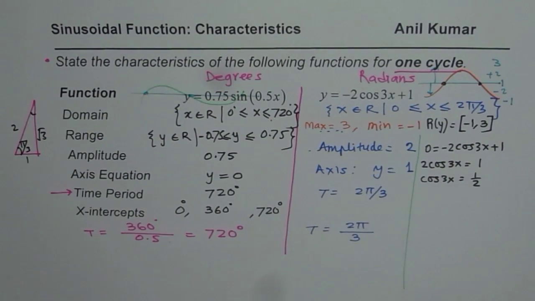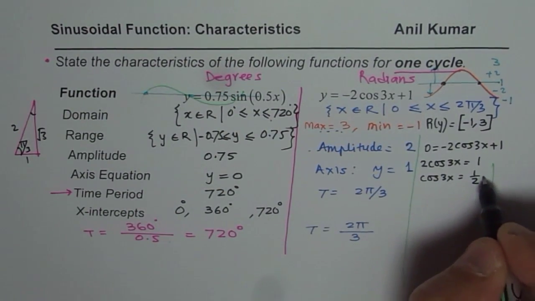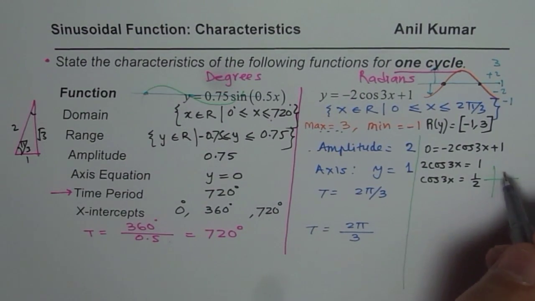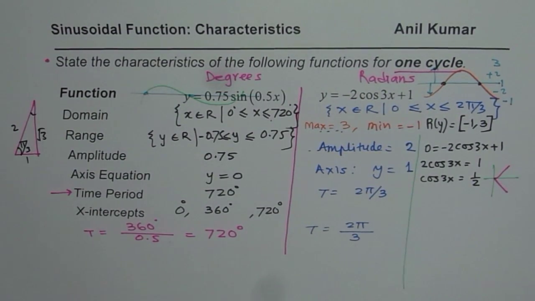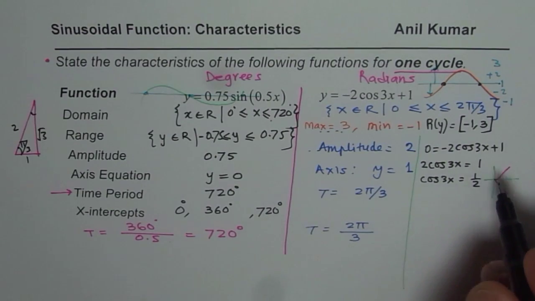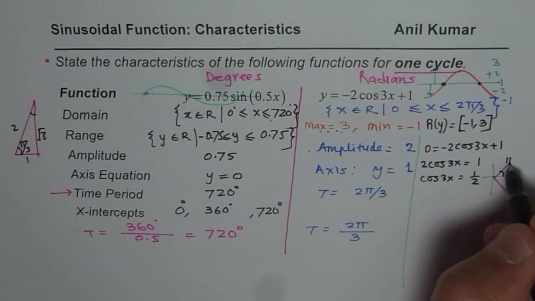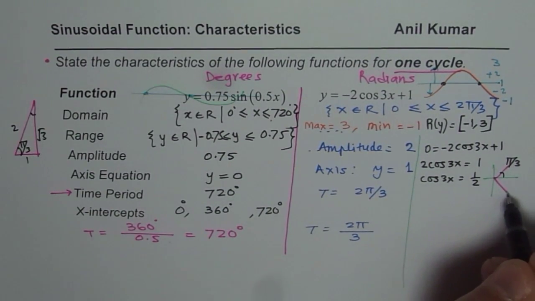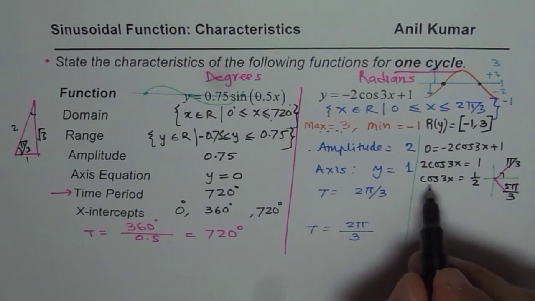So when is cos positive? Cos is positive in 2 quadrants. In quadrant 1 and in quadrant 4. So we get pi by 3 here. So this is pi by 3, and this one is 5 pi by 3, correct? So that these are the 2 solutions. So for both we'll find x.